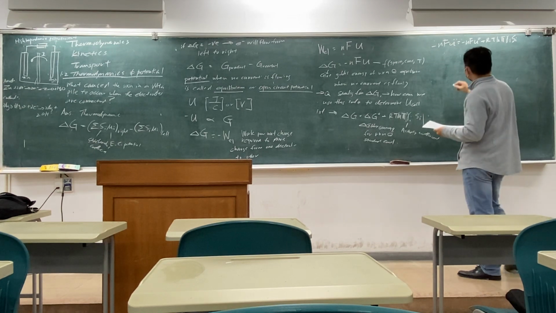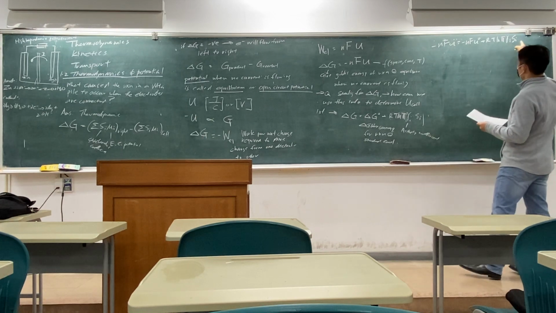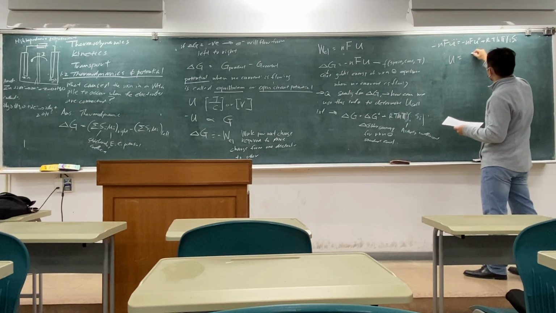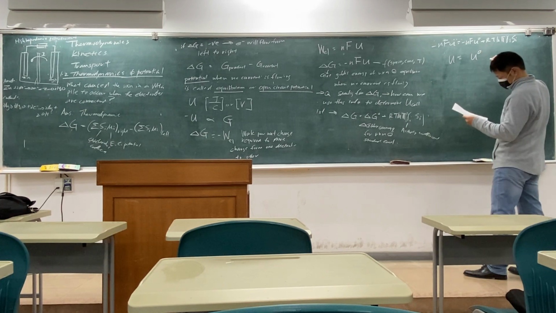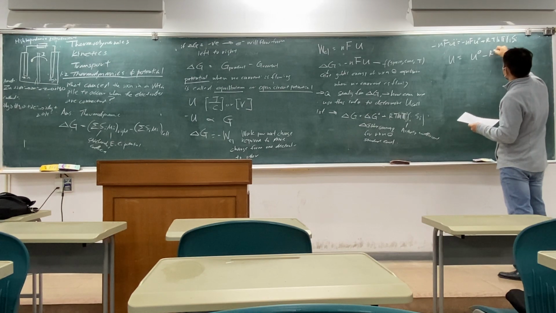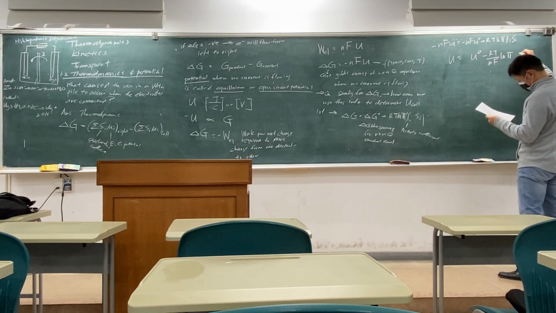Okay. So if you divide by minus NF throughout, then you get U is equal to U naught minus RT over NF ln pi.